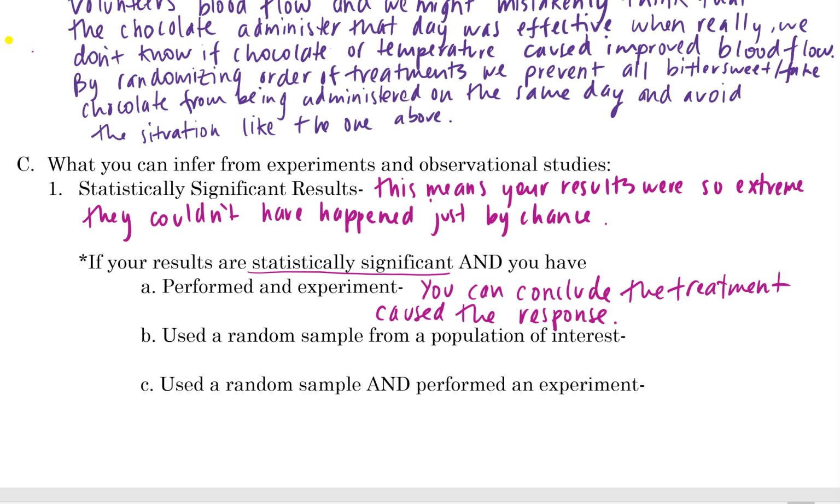If you have statistically significant results and you used a random sample to gather your data from a population of interest. So you used a random sample, not random treatment. This is not talking about an experiment. So this guy is not an experiment. This is an observational study. So if you used a random sample from a population of interest, you don't get to conclude causation, but you can generalize your results to the whole population.